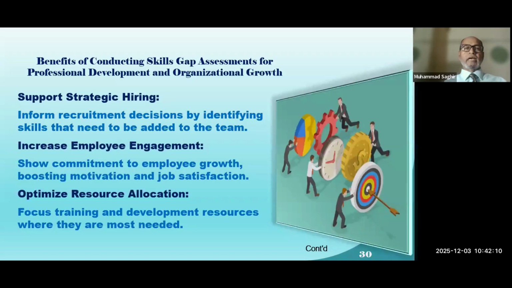Skill gap assessment helps you identify the skills that are needed and recruit team members according to that.